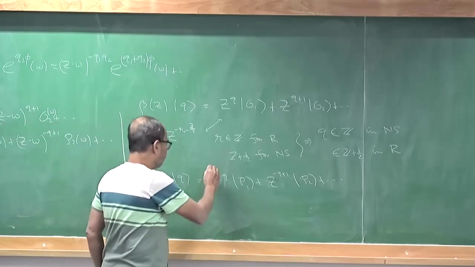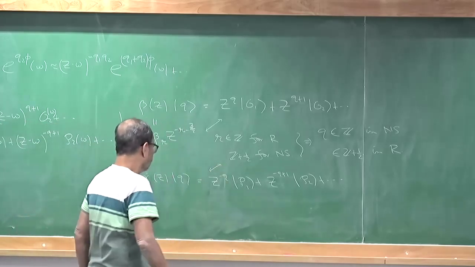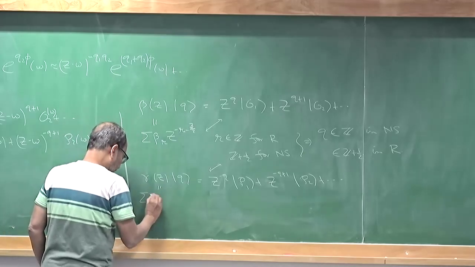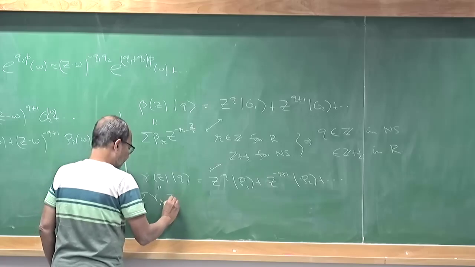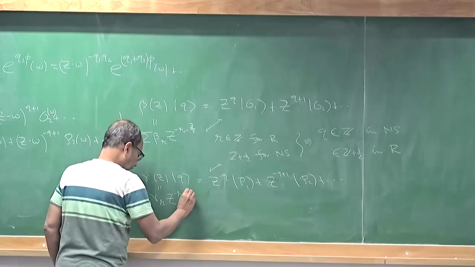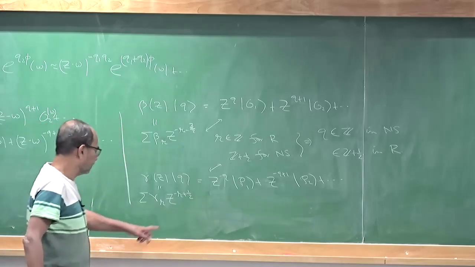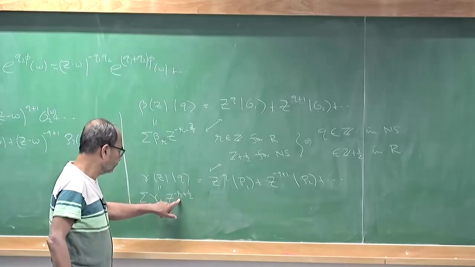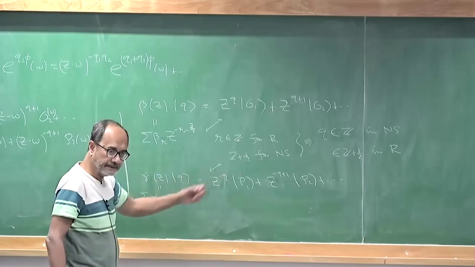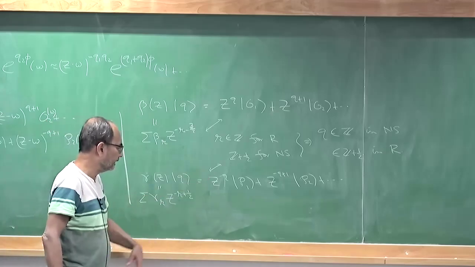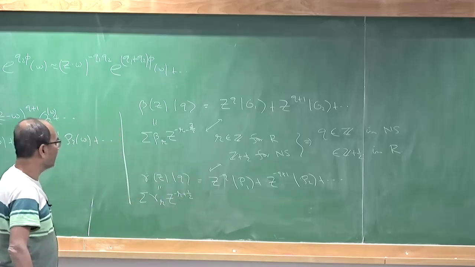So it implies the same thing, because gamma of z, let me remind you, is the sum of gamma r z to the power minus r plus half. Again, in the NS sector, r is half integer, so q should be integer. And in the Ramond sector, r is integer, so q should be half integer. The same conclusion as from the beta.